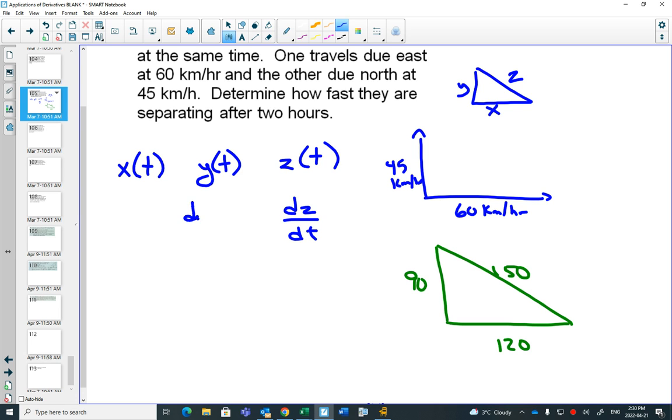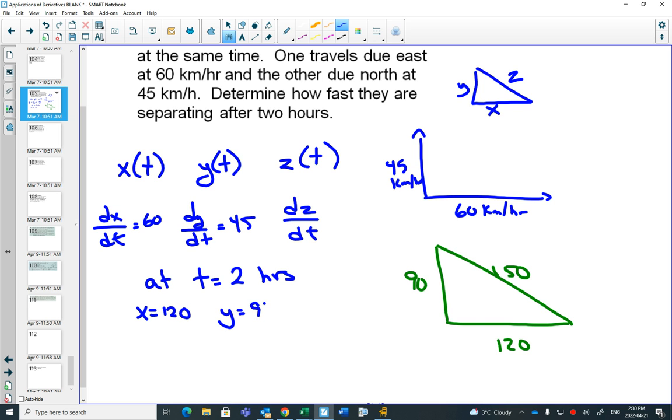We know dy dt is 45, and we know that dx dt is 60 kilometers per hour. And at time equals 2 hours, we know that x is 120, y is equal to 90, and z is equal to 150.